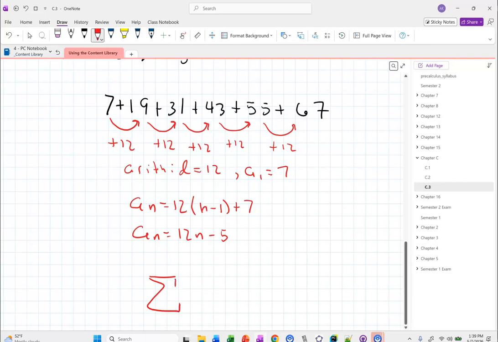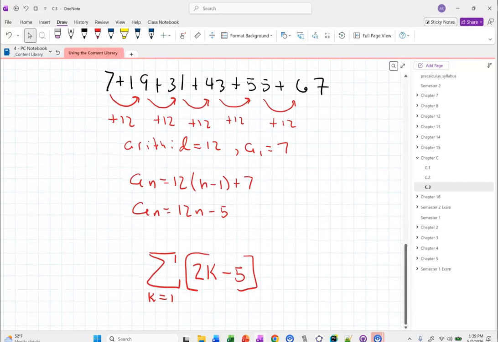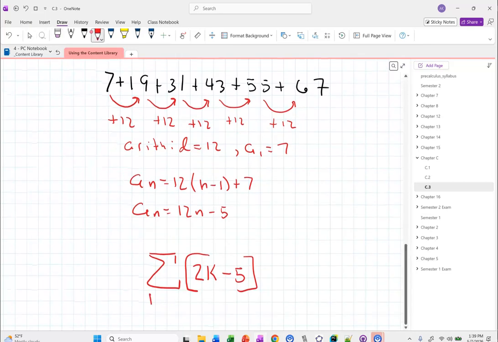So if I start writing my sigma notation, actually, let's see. So I know I have that much. Everybody's okay? What's the problem, Emma?